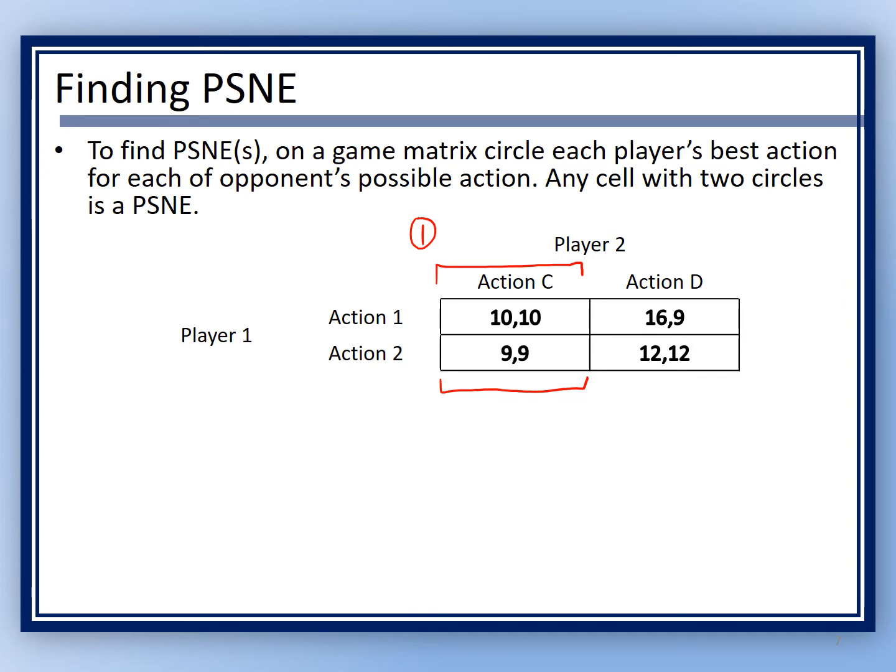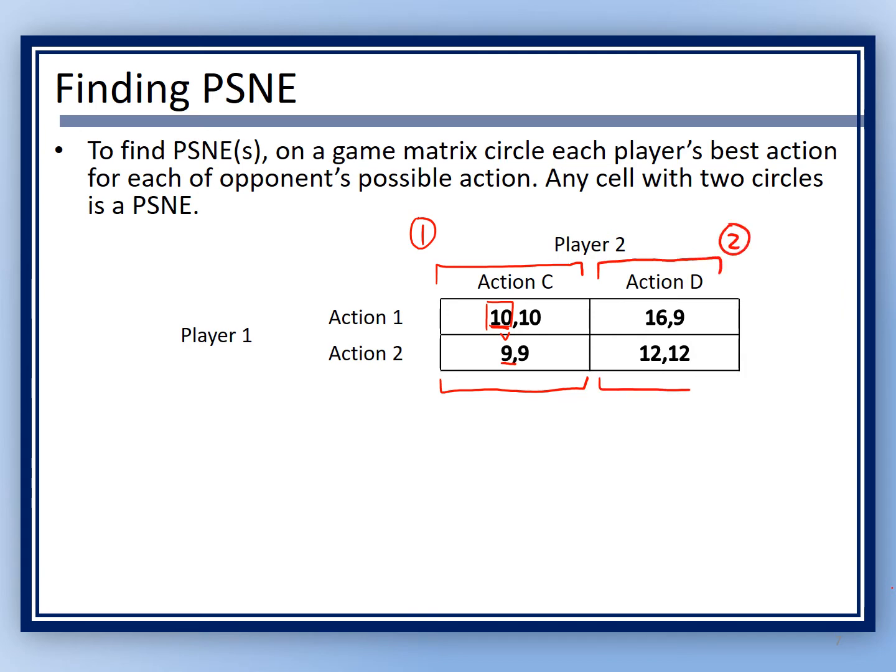If player 2 has chosen action C, player 1 is choosing between action 1, which gives him 10, versus action 2, which gives him 9. 10 is bigger than 9, so you can imagine player 1 is going to choose action 1. We're going to put a circle or a box around that number.